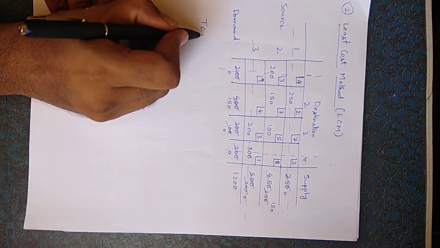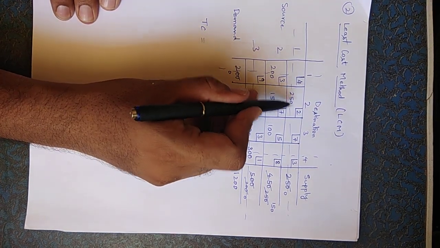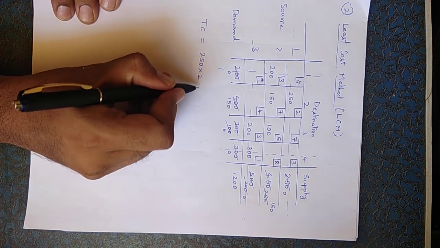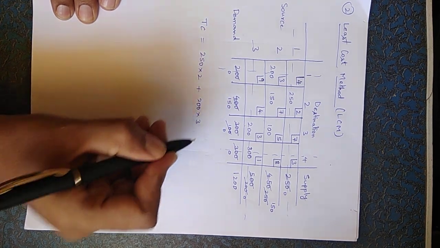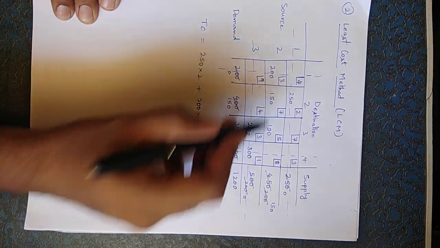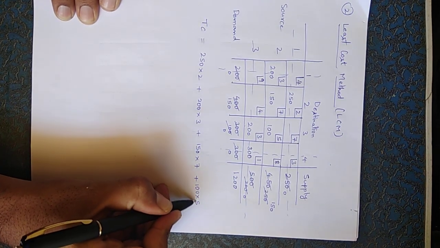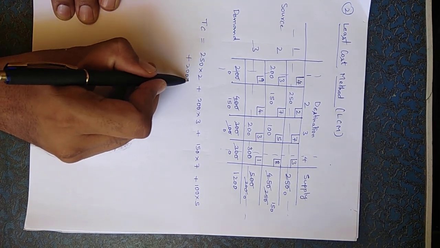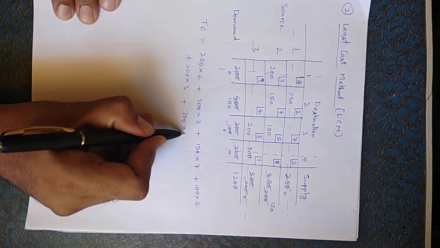The total cost is equal to this 250 into 2 plus 200 into 3 plus 150 into 7 plus 100 into 5 plus 200 into 3 plus 300 into 1.